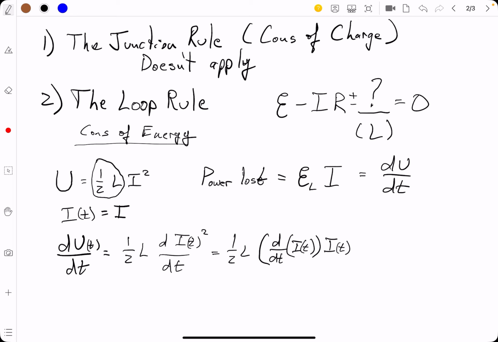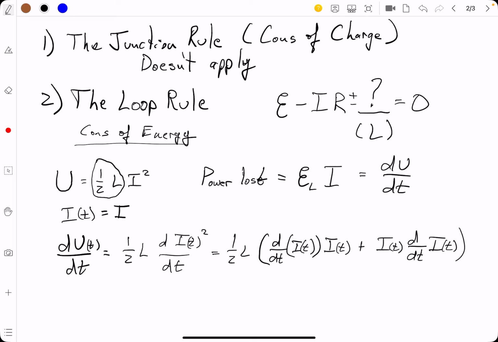And then we're going to let the first one slide by and do the derivative of the second one. Okay, because it's I squared, right? So we've got one, and then we've got the other.